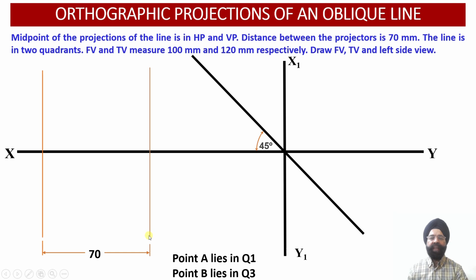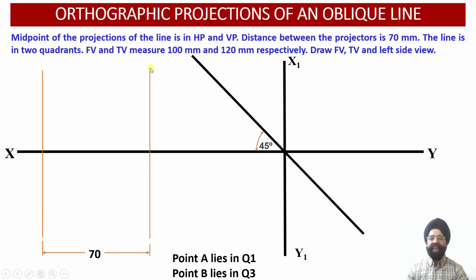Another thing we know is that point A lies in quadrant 1, while point B lies in quadrant number 3. So on this vertical projector line, the front view projection A dash will be drawn above the XY reference line, while the top view projection of the point A will be lying below the XY reference line.